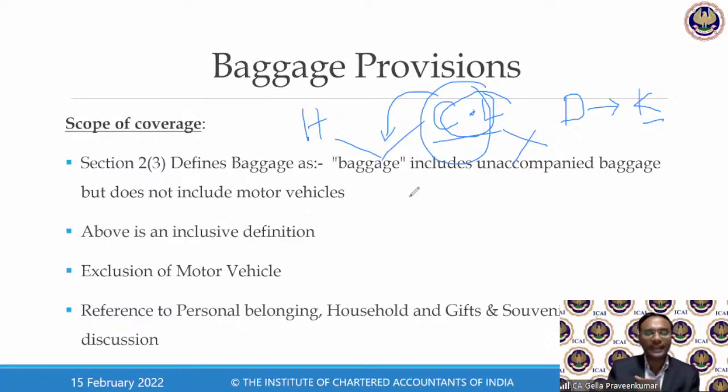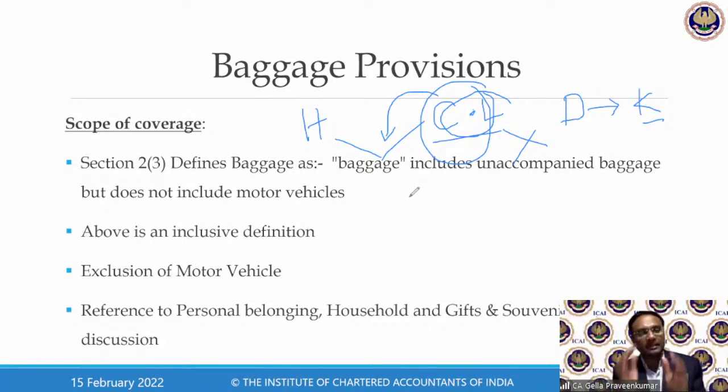In the same way, when we imagine import and export, say Mr. A visits from Singapore to India. The baggage of Mr. A can come along with him, or can come after a period of time, after Mr. A gets a formal clearance and comes to his residence in Kerala or Kolkata.